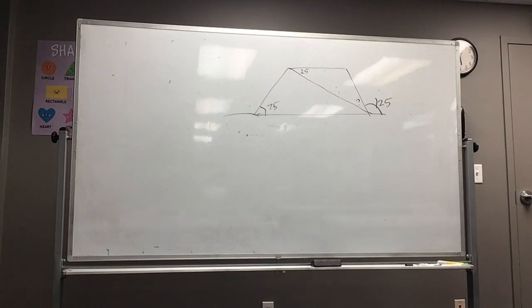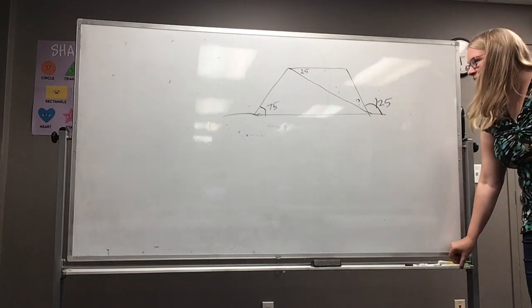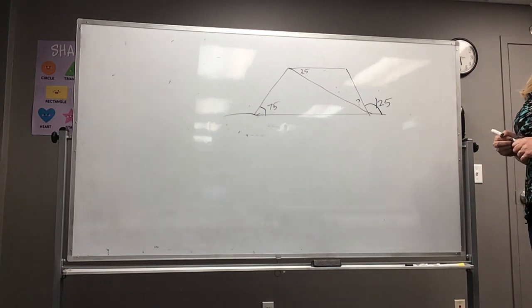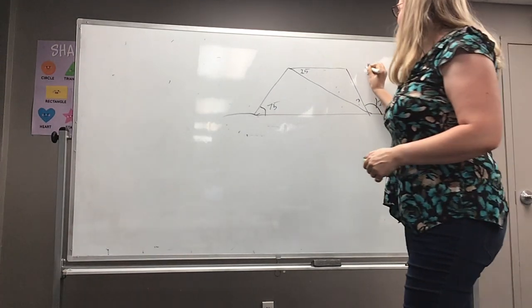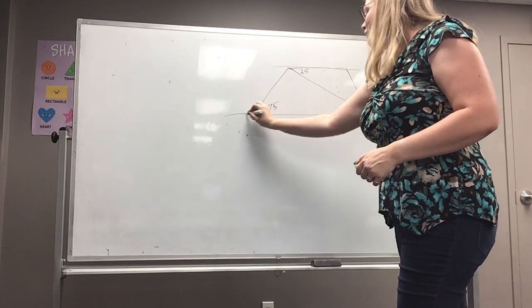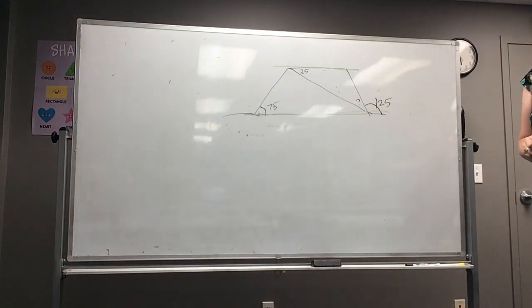So we have somebody here in person who said 30 really fast, and that is the correct answer, but have you figured out how you did it so fast? All right, talk us through it. Both the top and bottom lines are parallel. Okay, so that is absolutely true. We have a set of parallel lines.